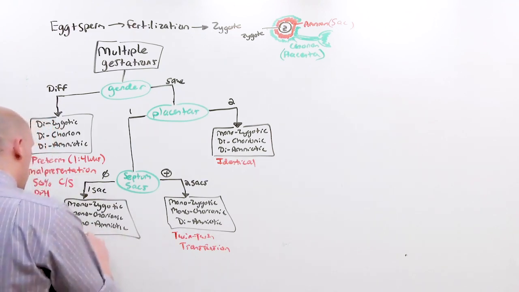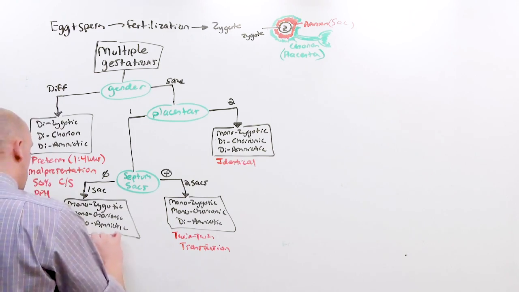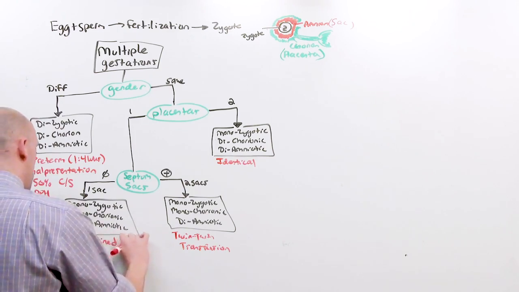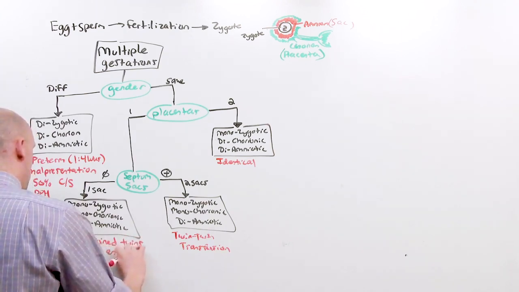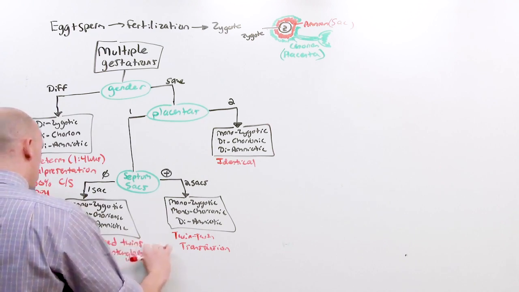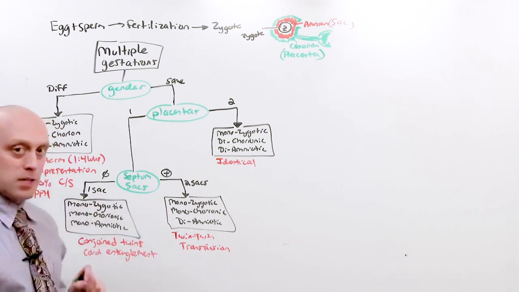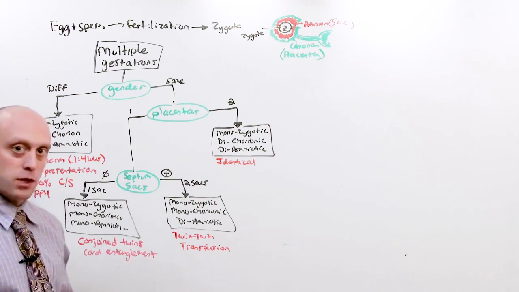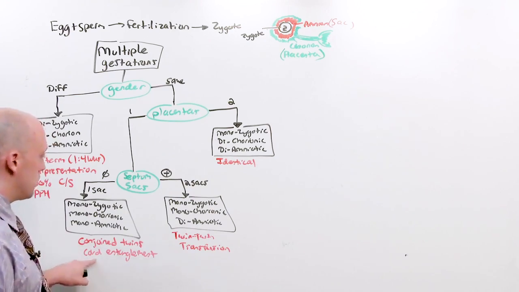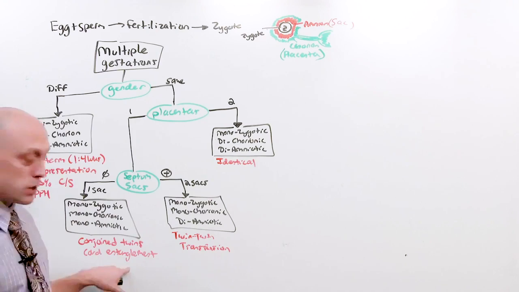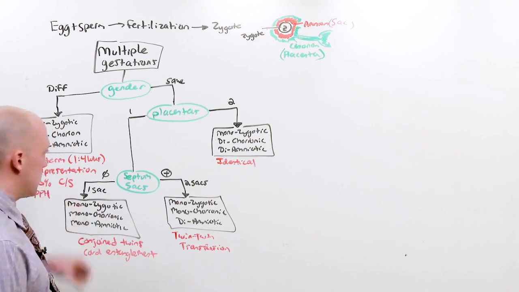You are going to have risk for conjoined twins and cord entanglement. Conjoined twins can be surgically removed as long as they do not share two major organs, and cord entanglement can lead to problems with the delivery, which is one reason why we go to C-section.